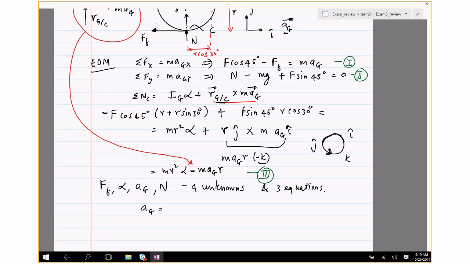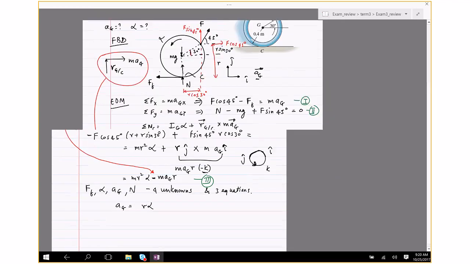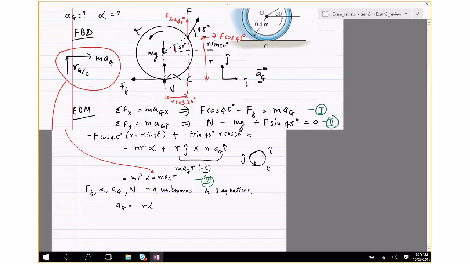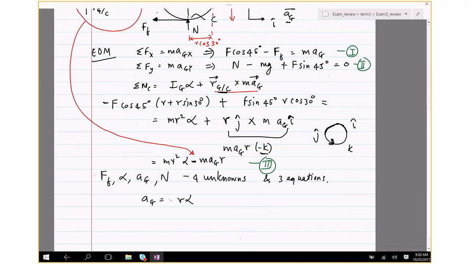So AG is R alpha. Now there is something which you got to be careful about. The way I've assumed AG is to the right, and alpha is counterclockwise. So for this to be consistent, it should be AG equals minus R alpha, right?